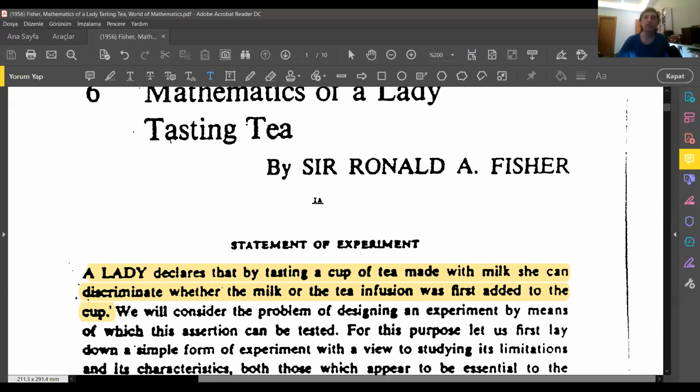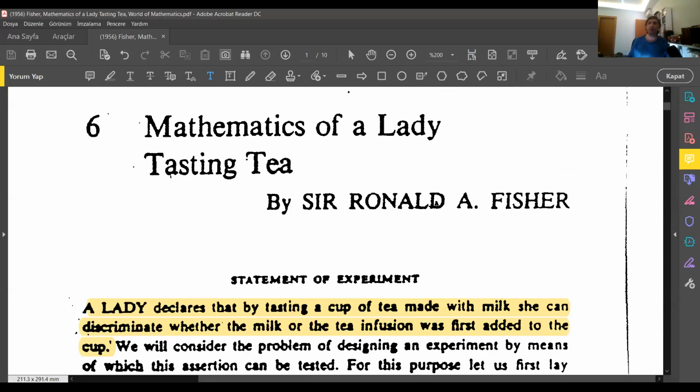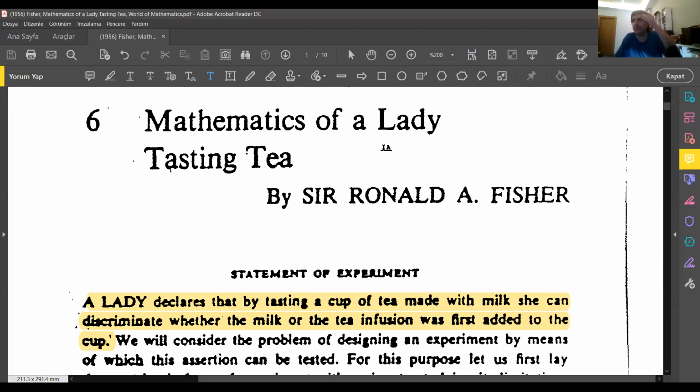This is a paper from Ronald Fisher, I think 1956, yeah, it says 56. Mathematics of a Lady Tasting Tea. This is an interesting statistical story, or historical statistical story, I may say. Please Google it. It is maybe a fictitious event, maybe a real event.